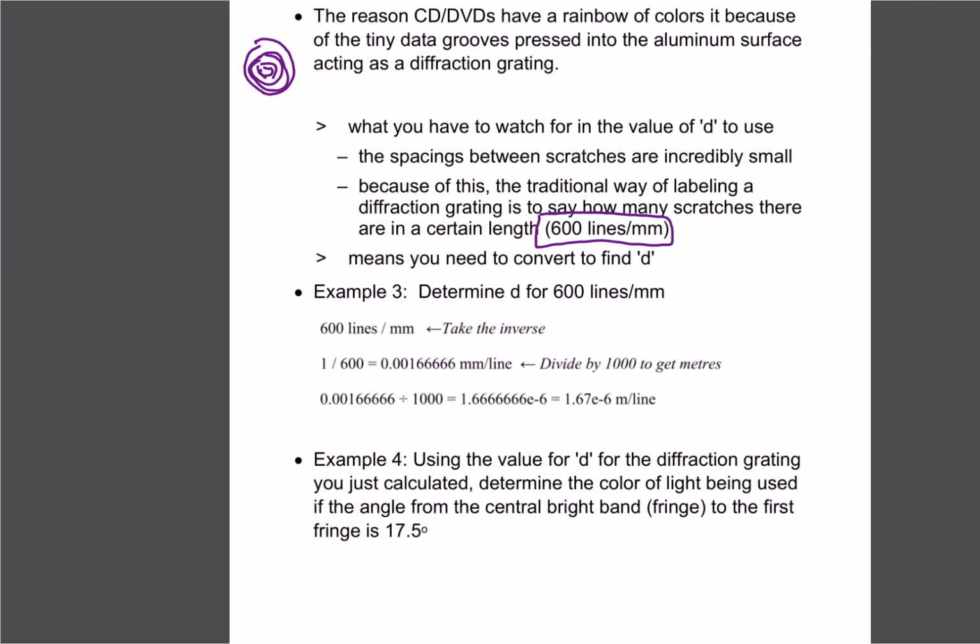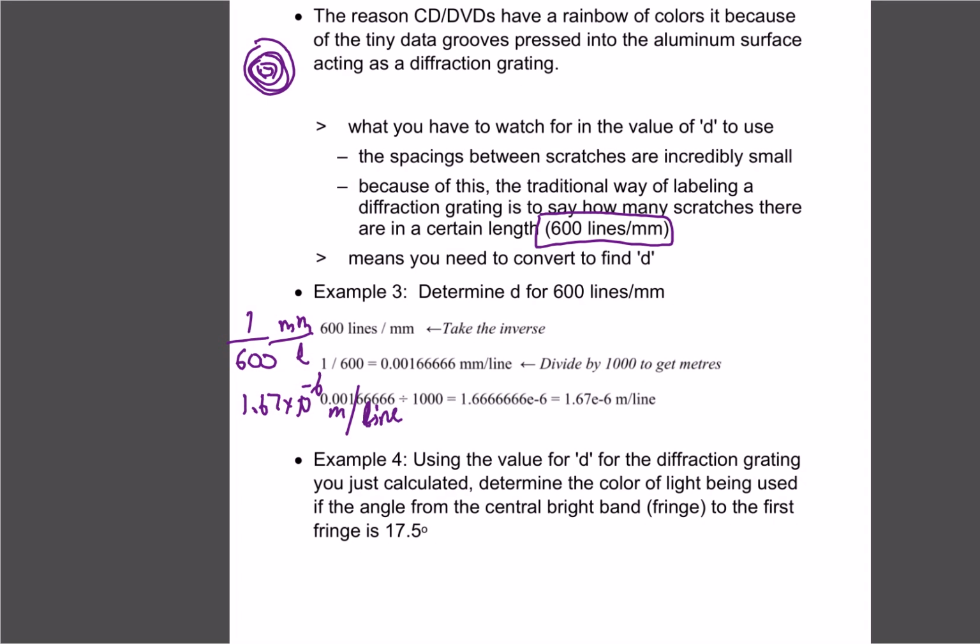So 600 lines per millimeter, we just have to go 1 divided by 600, and that gives us 0.0016 repeating, and that'll give us millimeters between lines or per line. So then all we have to do is change that to meters. If we divide by 1,000 or times 10 to the negative 3, we would actually get 1.67 × 10^-6. So that'll be how many meters between each line. So quite often we have to do that calculation first, and then we can do the rest.